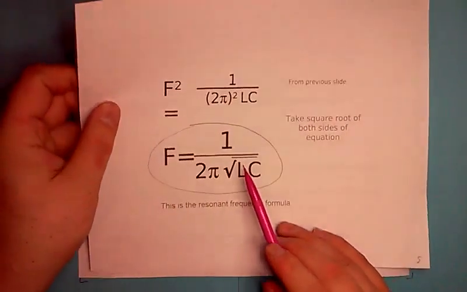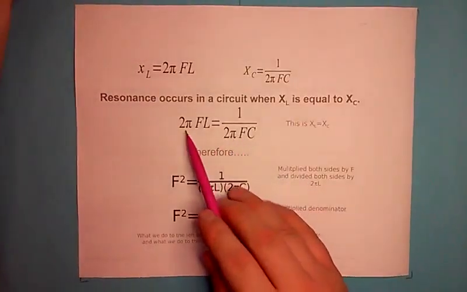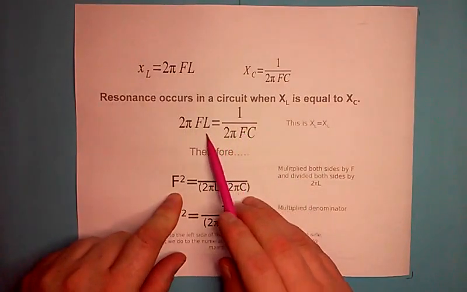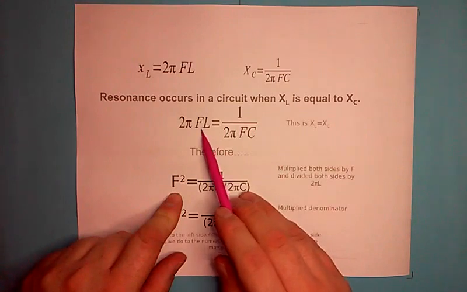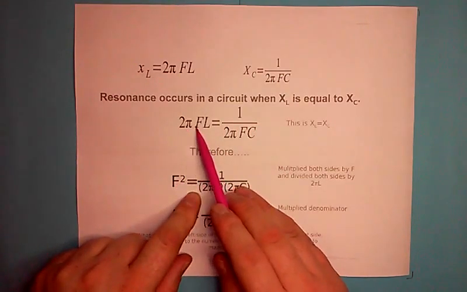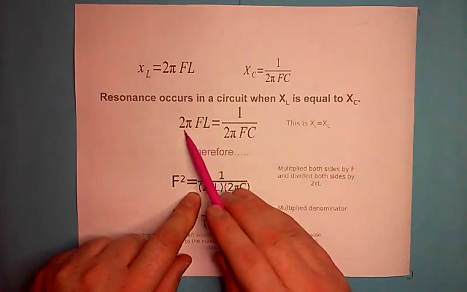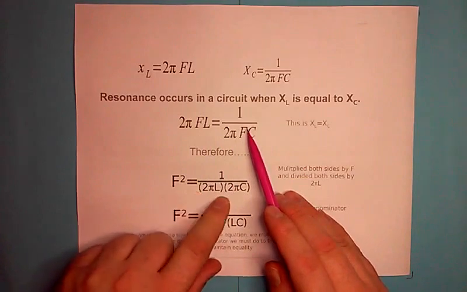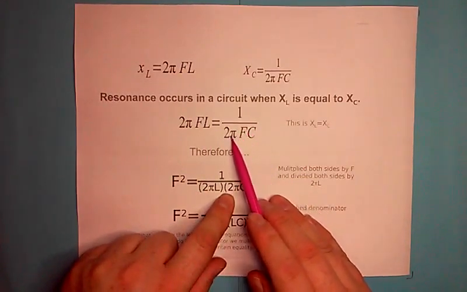So where this came from is this right here. If we bring F over, that's F squared equals 1. We bring over 2 pi L onto the right, and we keep C and 2 pi here.